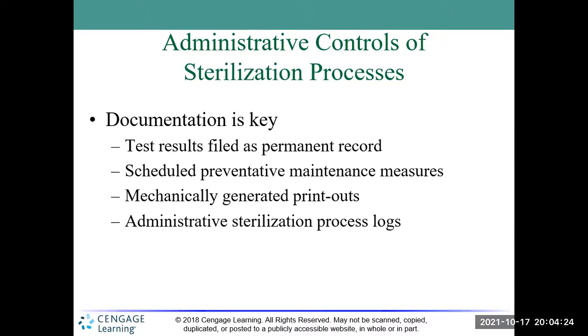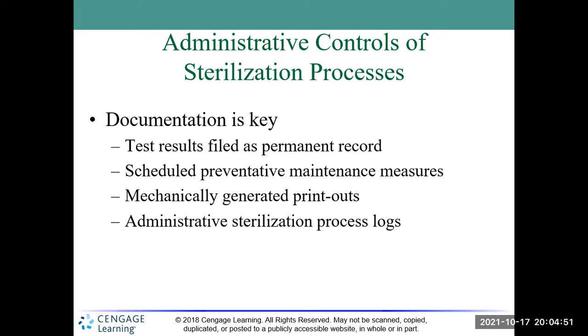Documentation is key in this. The test results have to be filed as a permanent record. When you're unpacking your trays and you indicate that it does have a positive indicator, the circulator is going to be charting that. Everything is charted through the whole process, from central sterile to the case and as a part of the case.